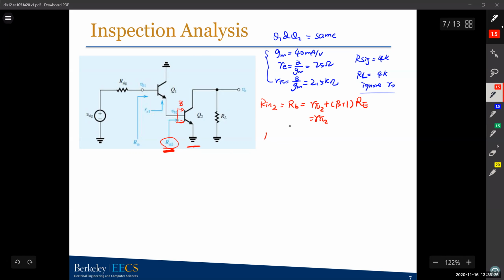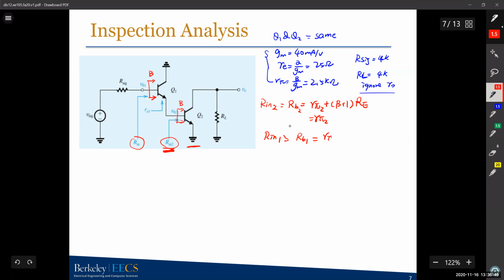And next step, I want to find what's the R in 1. So what's the R in, the small signal or equivalent resistance looking into the base of Q1. So this is just RB1. And we can still use the expressions we defined earlier.